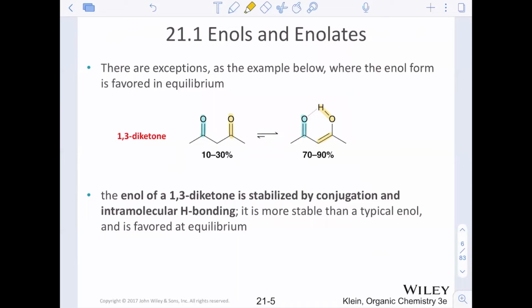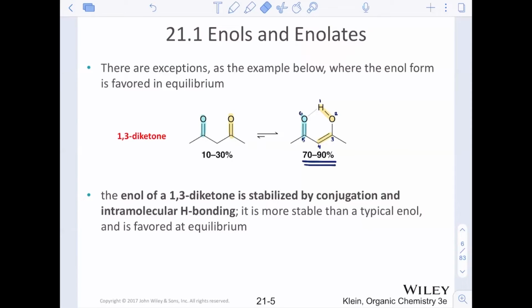And it does exist in a relatively high abundance in this enol form, probably due to conjugation between the alkene and the carbonyl that's left over, and intramolecular hydrogen bonding. Remember, we've talked about 5 or 6 membered ring interactions. 1, 2, 3, 4, 5, 6. There's your 6-membered ring that is causing that hydrogen bonding to be favorable.